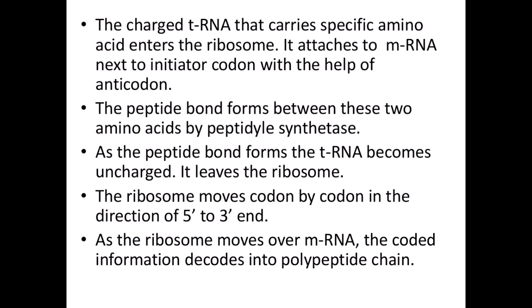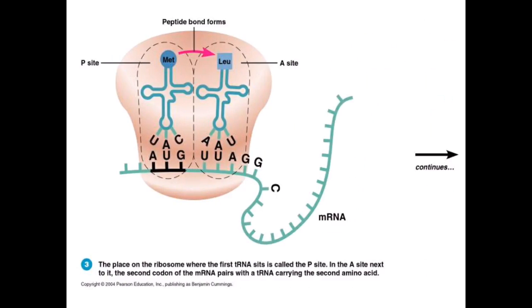The peptide bond forms between these 2 amino acids by peptidyl synthetase. As the peptide bond forms, the transfer RNA becomes uncharged. It leaves the ribosome. The ribosome moves codon by codon in direction 5' to 3'. As the ribosome moves over messenger RNA, the coded information decodes into polypeptide chain.